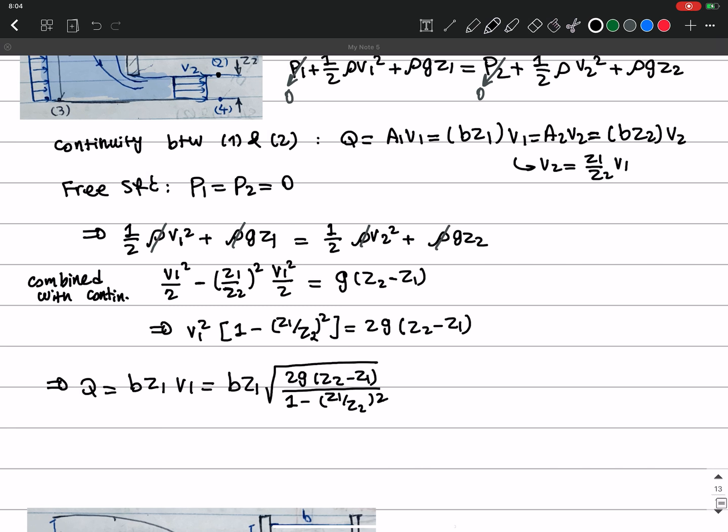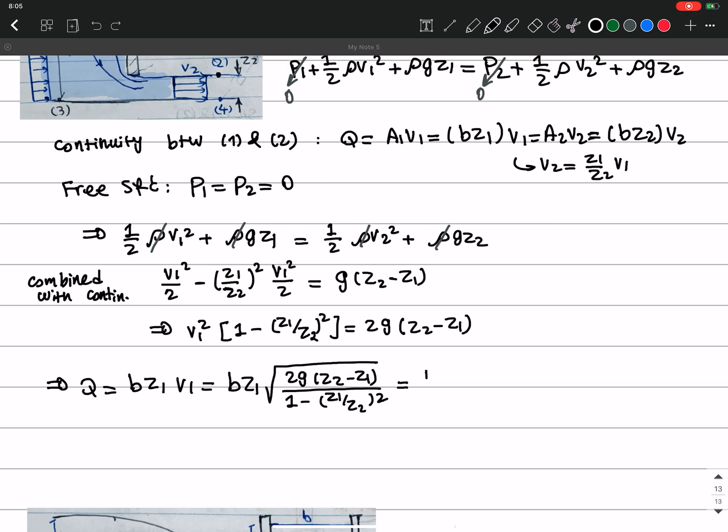Also, if I want to write it in terms of the second velocity, it's going to be B Z2, based on this one.